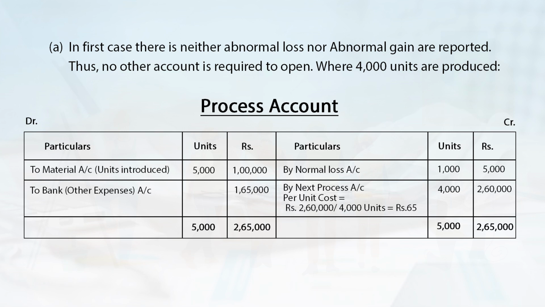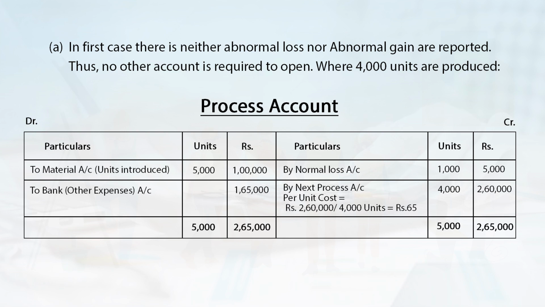On credit side, by normal loss account 1000 units and value is rupees 5000, and by next process account amount comes to rupees 2,60,000, which is rupees 2,65,000 minus normal loss of 5000, and the units is 4000 units. Here per unit cost is equal to rupees 2,60,000 divided by 4000 units, which is equal to rupees 65.